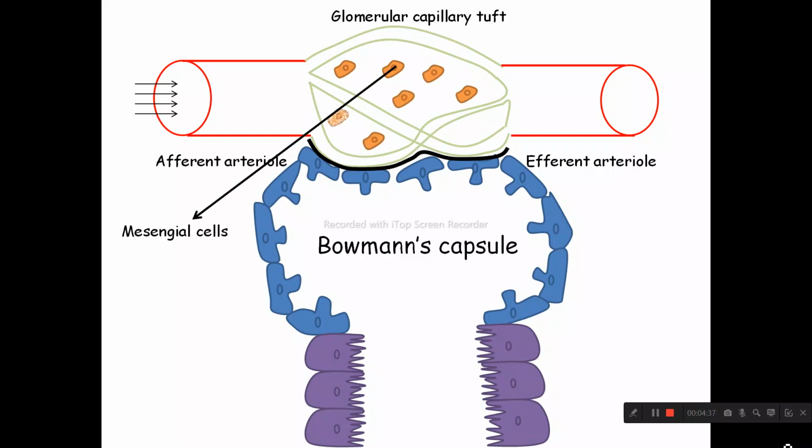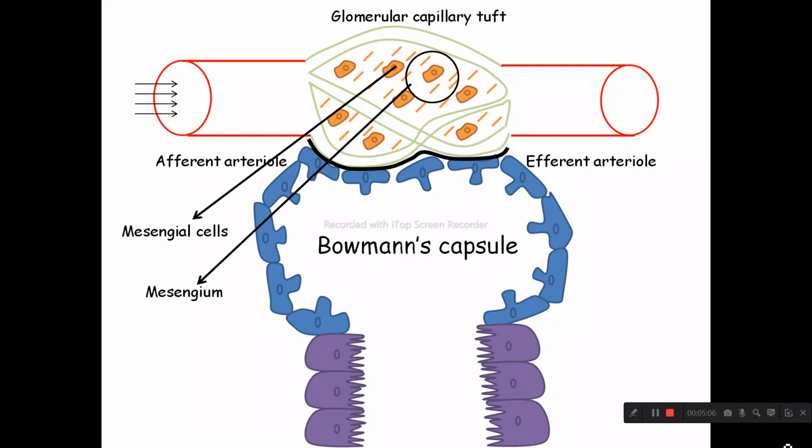Okay, so these mesangial cells are present in between the capillaries, and they produce a lot of connective tissue. This connective tissue along with the mesangial cells together are known as the mesangium. Okay, now you should know what a glomerulus is.